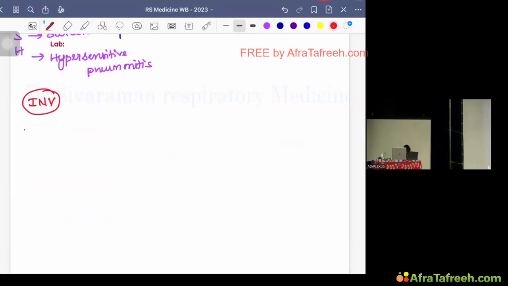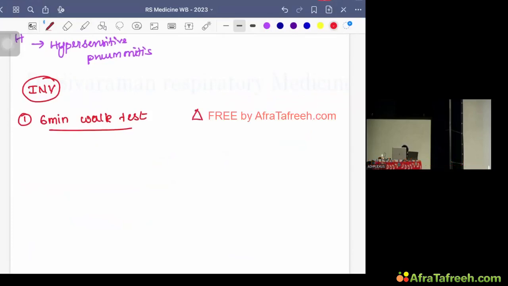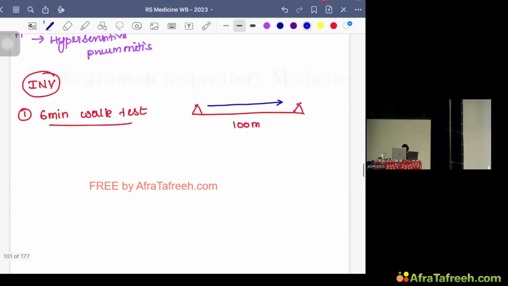Then coming to investigations. The first thing is you're going to go for a 6-minute walk test. Since this condition causes exertional dyspnea, you are going to mark 2 points 100 meters apart and tell the patient to walk this distance. He is going to walk over 6 minutes, and we are going to see his exercise tolerance.